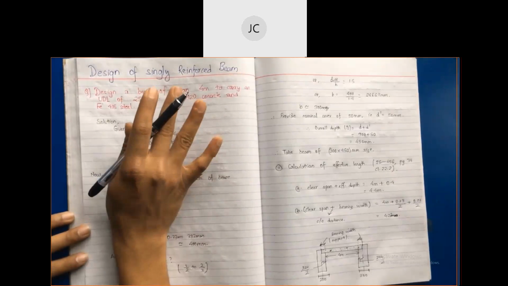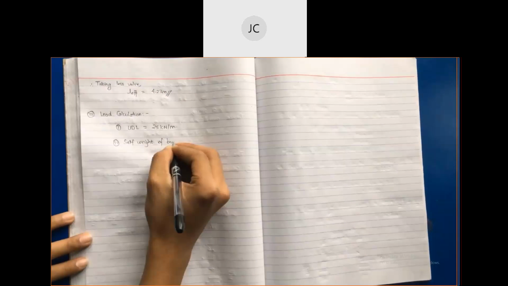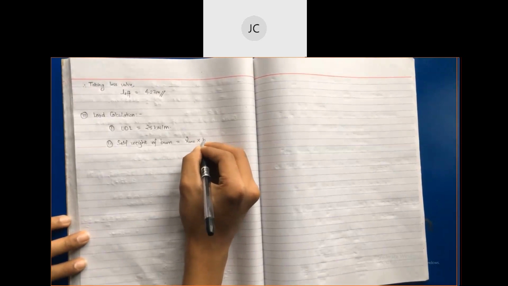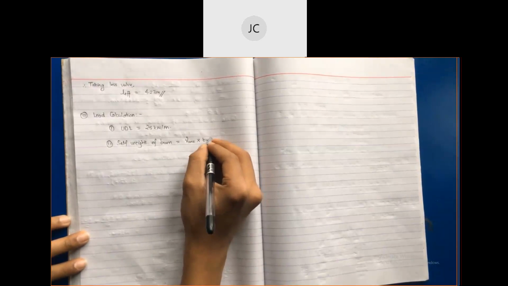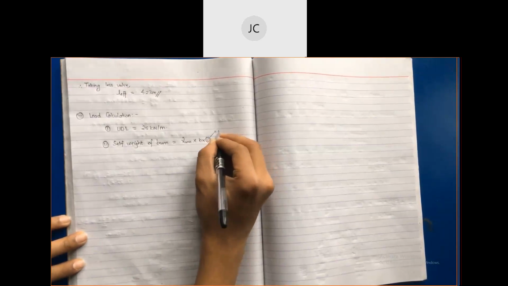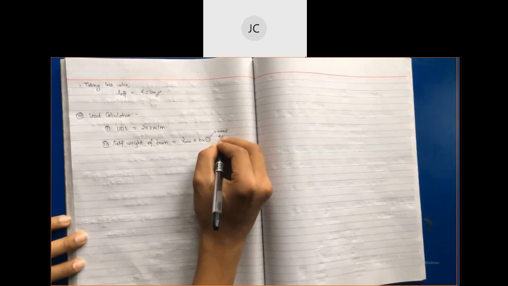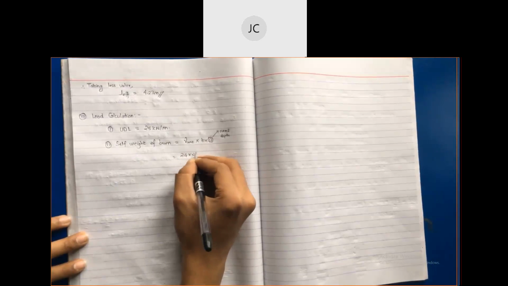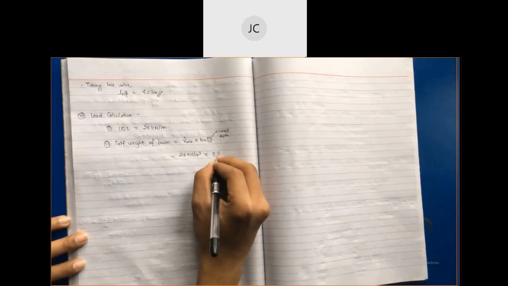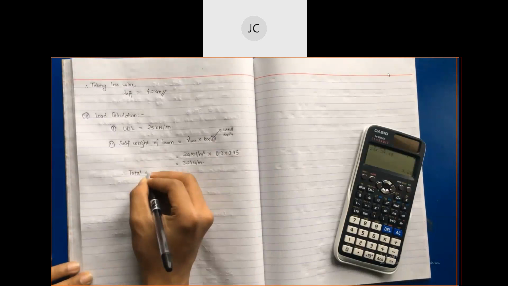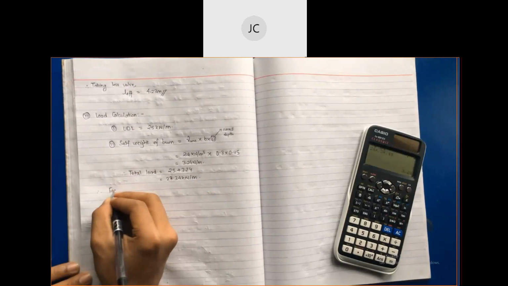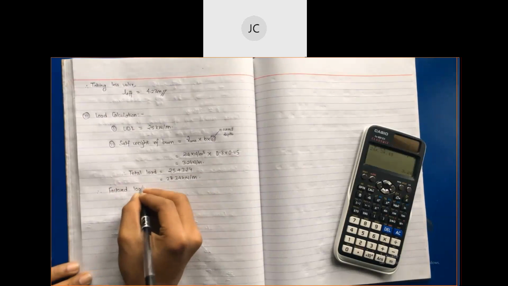Next, we have to find out the design moment. First, find out gamma concrete, which means the self weight of the concrete.